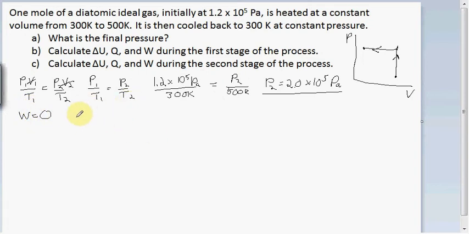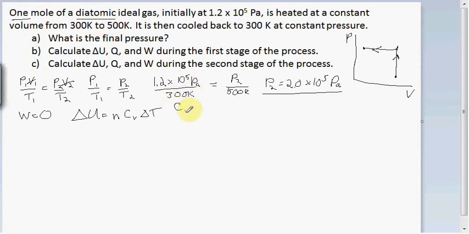As for delta U, well, delta U equals n C sub V delta T. Let's see if we can figure it out that way. n is the number of moles. We've got that. C sub V, we're told it's a diatomic ideal gas, so we can get a value for C sub V, and the change in temperature is 200 kelvin, so we're going to be okay there.